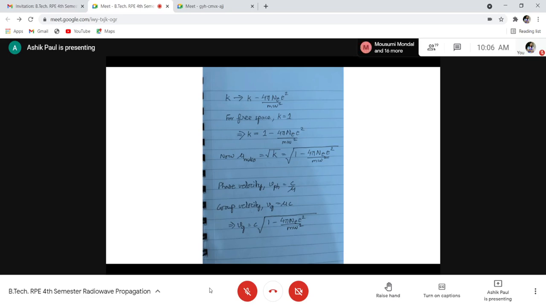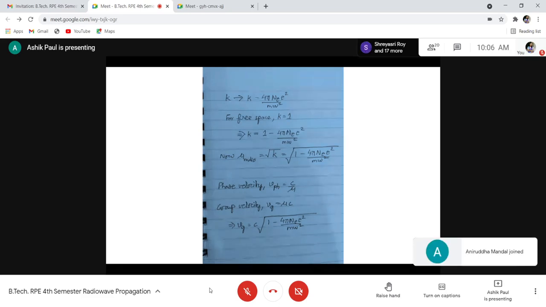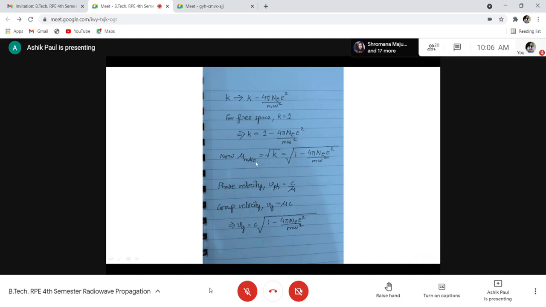I mean, whatever properties are satisfied by optical waves or optical signals, almost all of them are satisfied by the radio waves as well. So this mu radio, I have put this subscript radio just to distinguish it from the optical situation. So this mu radio is the square root of this dielectric constant. So it will be the square root of 1 minus 4 pi Ne into E square by M omega square.